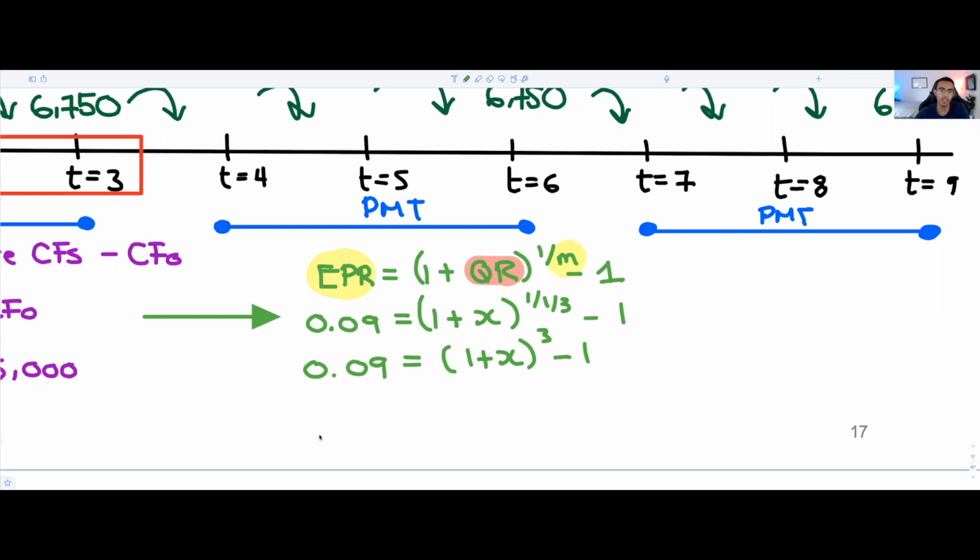Then if you were to solve for x, I could do the mathematical proof, but I'm a lazy person and I'm just going to plug it straight into my calculator. But it's simple: you just bring 1 to the other side, so you have 1.09 is equal to 1 plus x to the power of 3. Then you would take, not the square root, but the cube root, and that would give you your answer here.